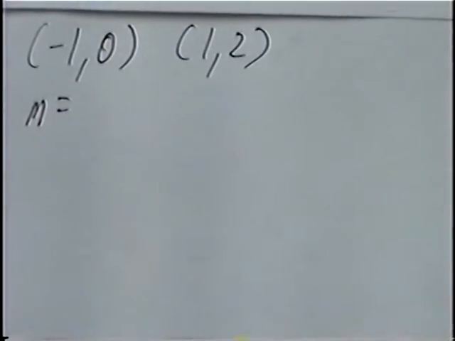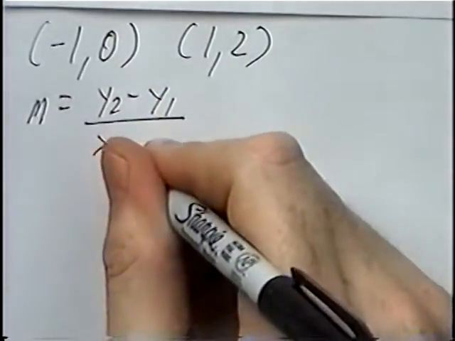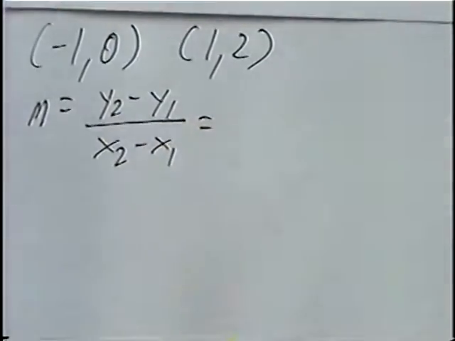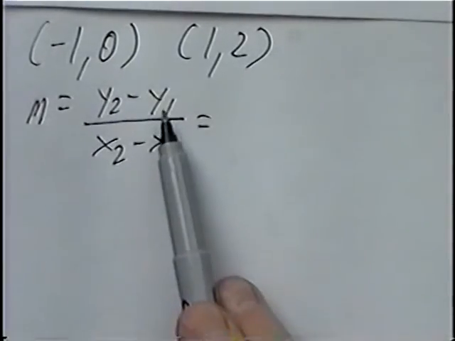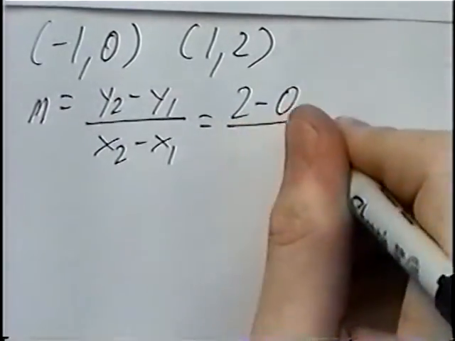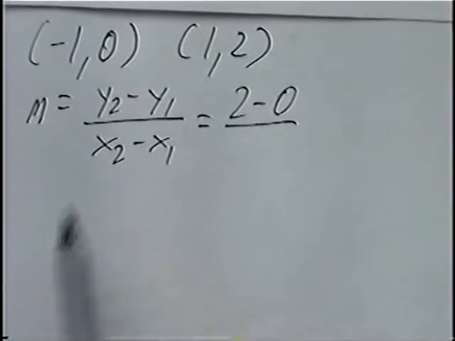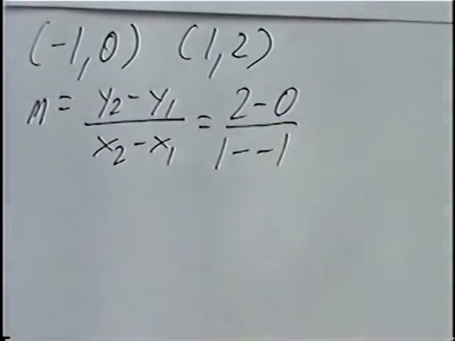If you remember from previous sections, the equation for the slope m is y2 minus y1 over x2 minus x1. y2 and x2 are the values in the second point, and y1 and x1 are the values in the first point. So plugging the numbers in, y2 minus y1, the second value 2 minus the first value 0, and the x values, second x, which is 1, minus the first x, which is a negative 1.